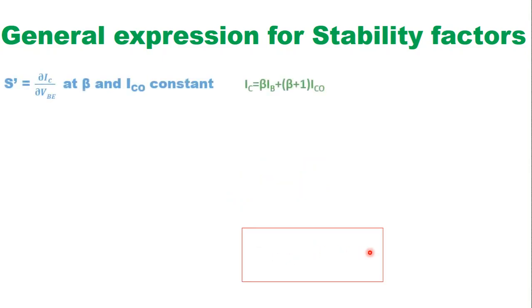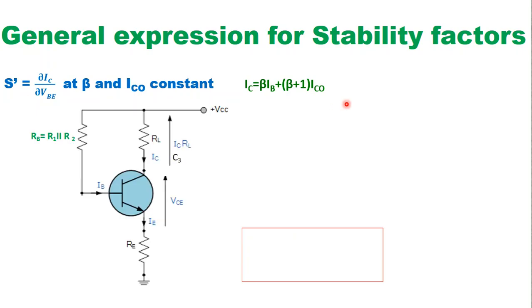Next is stability factor S dash, which is equal to del IC upon del VBE at beta and ICO constant. Again we will take the equation IC is equal to beta IB plus beta plus 1 ICO. For deriving S dash, we will take the equivalent circuit for the common emitter amplifier, which we have already seen in the lecture of DC load line and operating point.